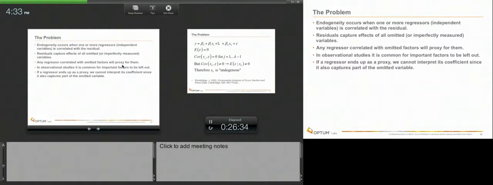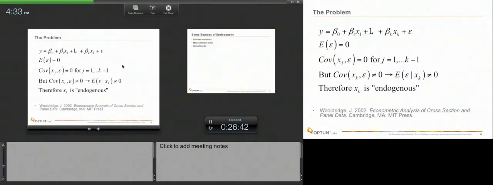Basically, any of the problems associated with observational studies end up getting captured by the error term. And so from a technical standpoint, if we've got any variable xk where its correlation with the error term is not equal to 0, we have an endogeneity problem.